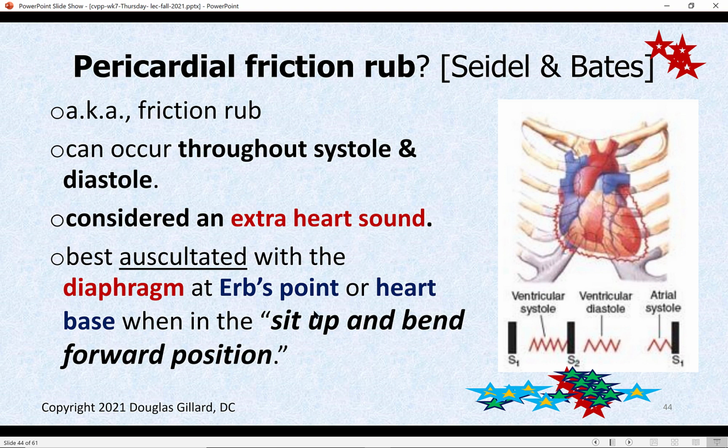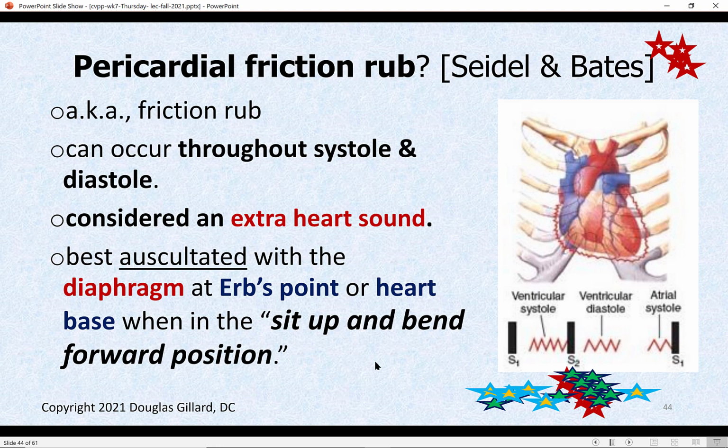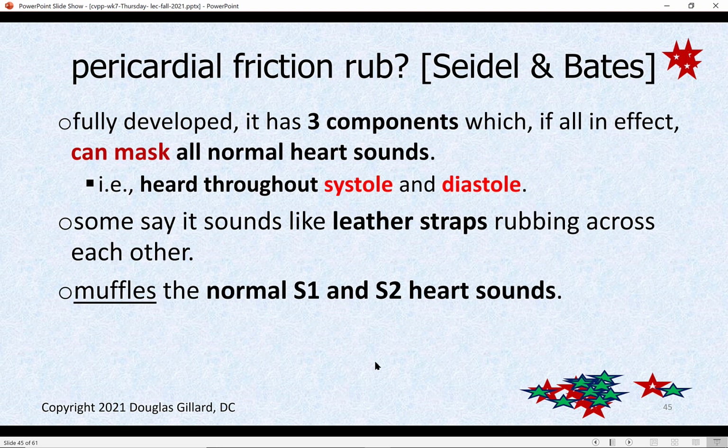Best auscultated at Erb's point, or maybe the base of the heart, which is the second intercostal space, parasternal borders on the right and left. You can use that sit up, bend forward, and exhale position to bring it out if you need to. And yes, it can mask systole and diastole.